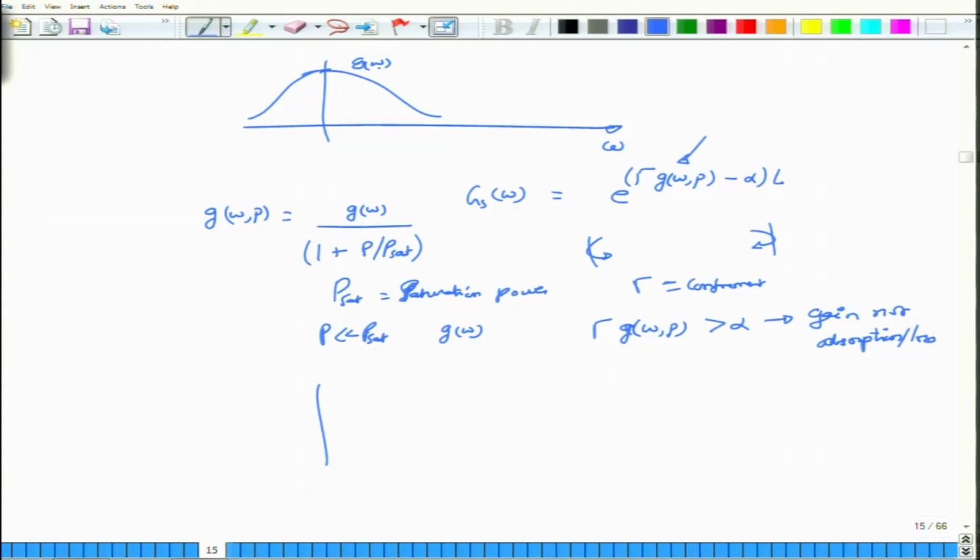But if you plot the overall gain as a function of the input power, or the probe power, or the input channel power, then for P less than the saturation value, the gain is almost constant, but at this point it starts to drop and then eventually drops off further. The value of the gain at the saturation value, when P equals P sat, is just about g by 2. That would essentially correspond to the bandwidth in terms of the saturation power.